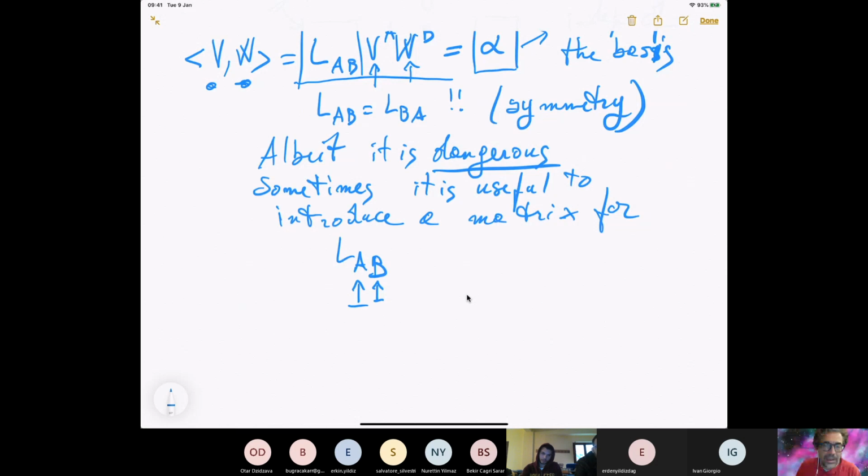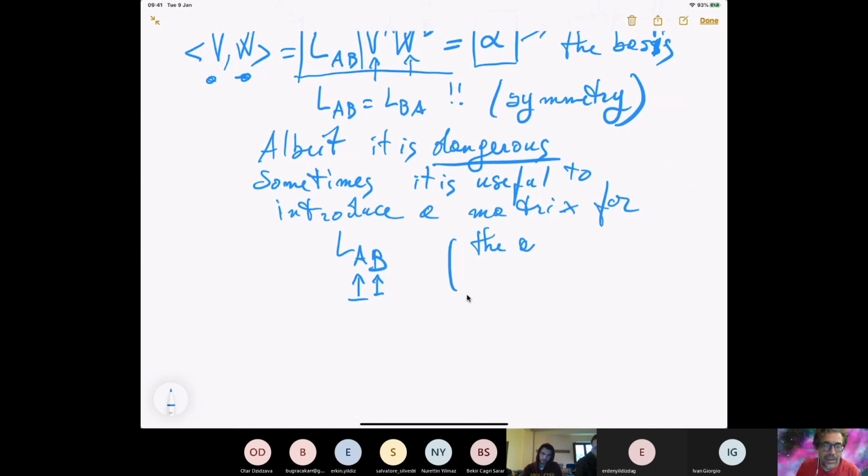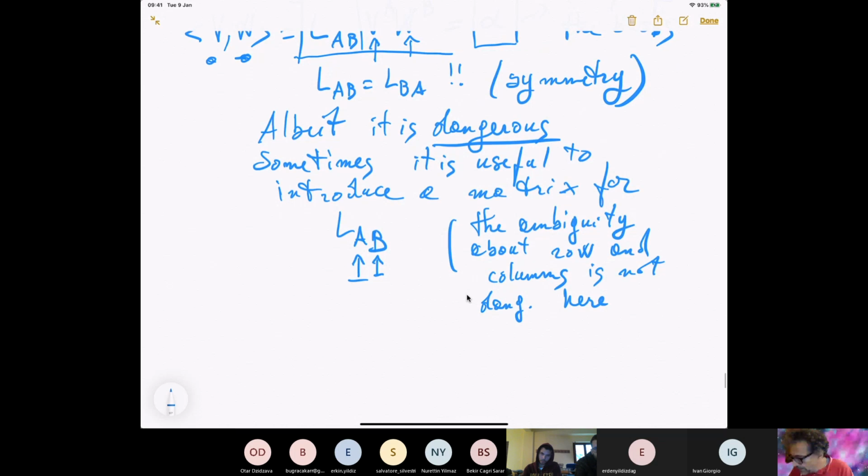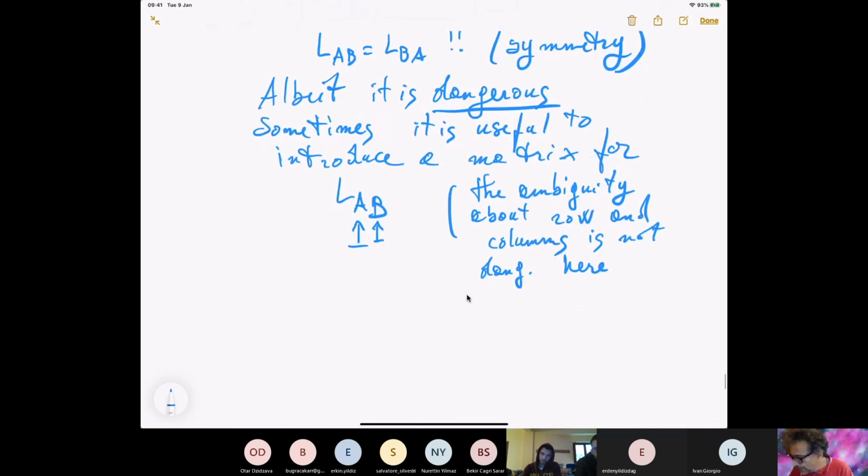But the ambiguity about rows and columns is not dangerous here, because L is symmetric.